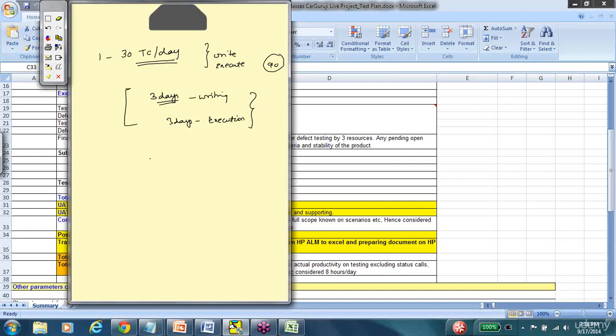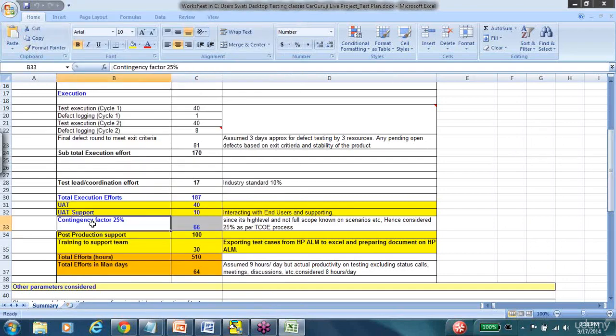That is why the industry standard is to calculate 30% in addition to what we need. So if you need 3 days for writing and 3 days for testing, you plan around 4 days for writing and 4 days for execution. That is what this contingency is talking about.